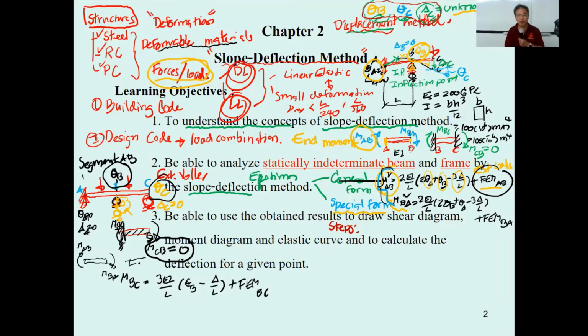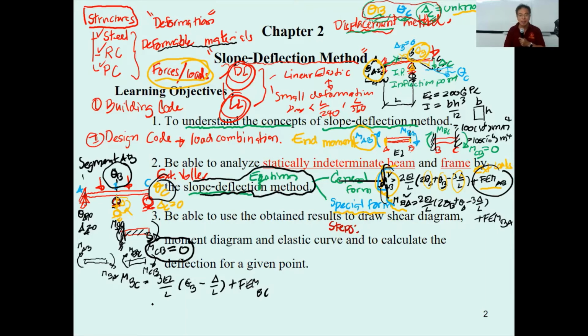And for this one, if you use the general equation, you will have M sub CD, and this one going to be BC, and this one CB. If you use the general equation, this problem will write 4 slope deflection equations.